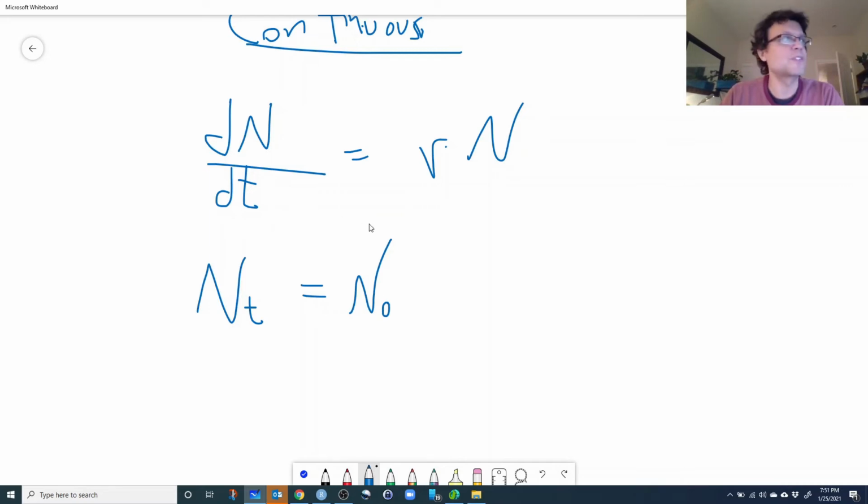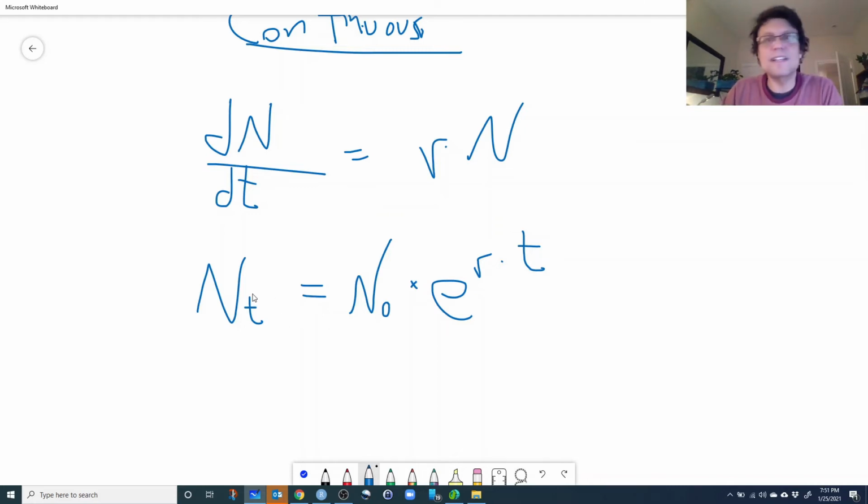Then we take the initial population and multiply it by e, the base of the natural logarithm, raised to the r times t. r is just the intrinsic rate of population growth, and t is the number of time steps at which we wish to estimate the population size in the future.